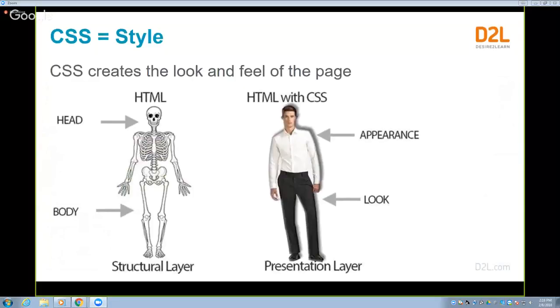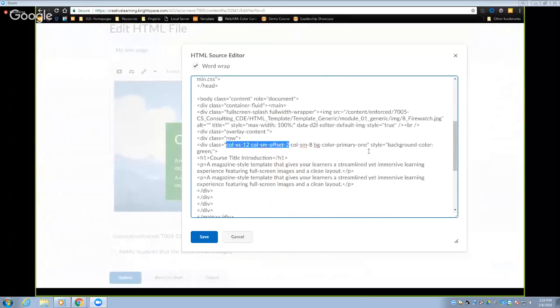If you'll remember back here, when I typed style equals background color green, what I did was I typed CSS into the HTML to tell the browser, okay, this particular box has a background color of green. So I wasn't editing HTML, even though it was in the HTML editor. I was typing CSS into a certain tag.